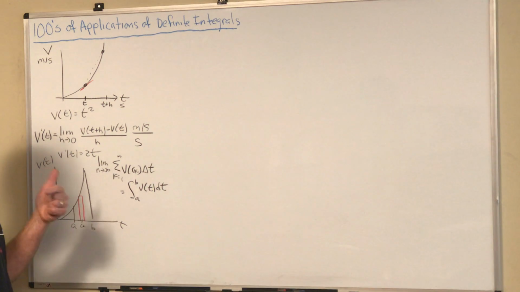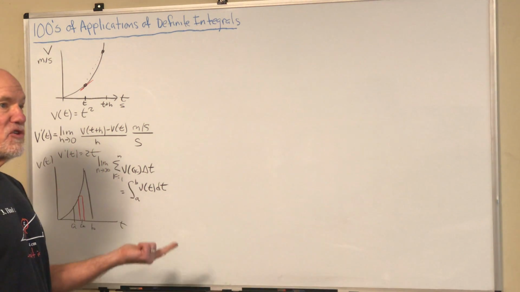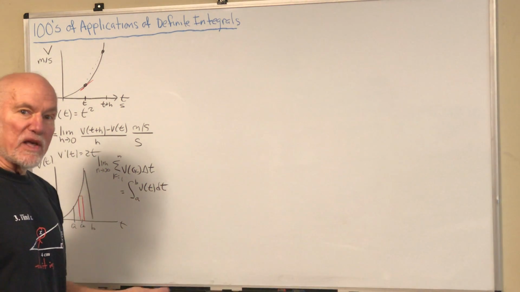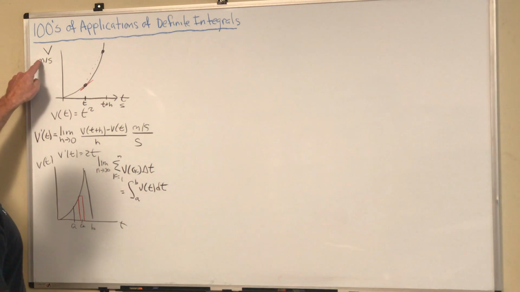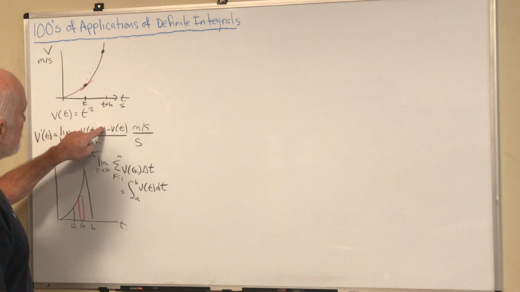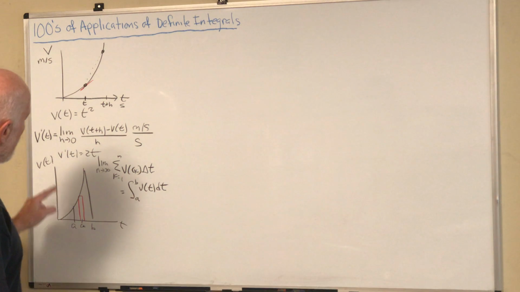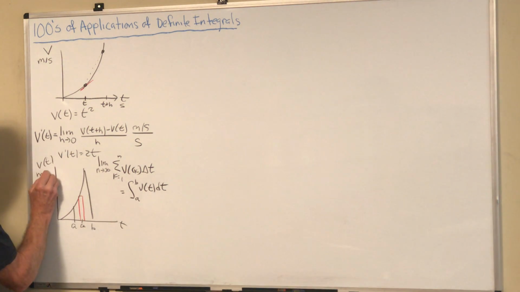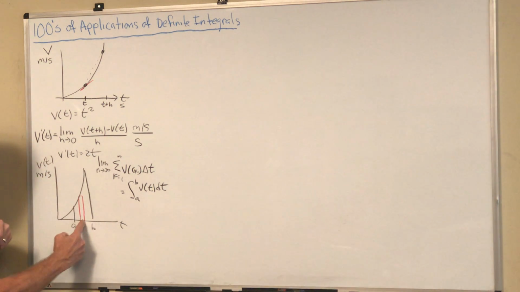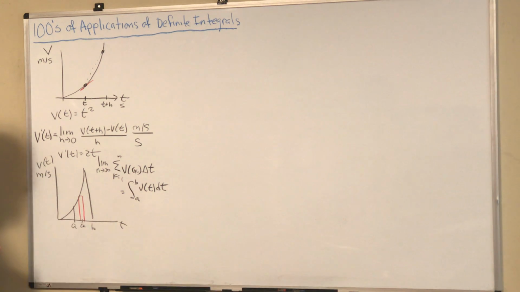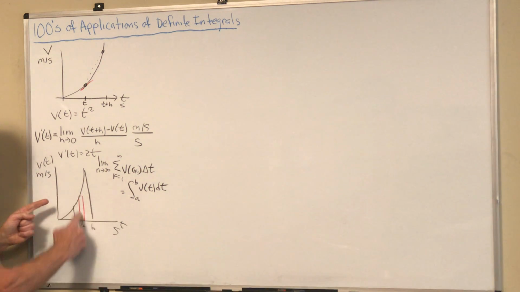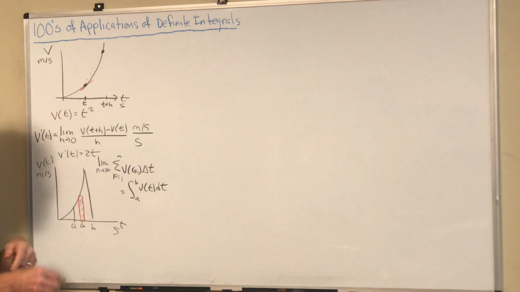Now, to find out if definite integrals have value, again, you can do it with the units. Just like up here, we took the units to be meters per second. Here, what do we have? Meters per second times seconds.